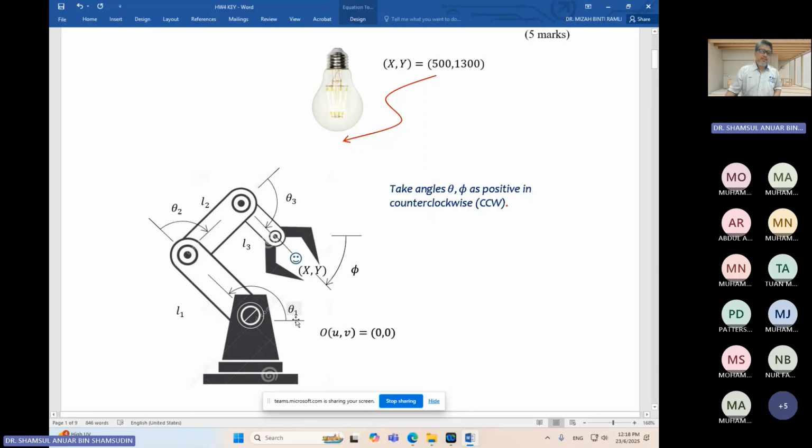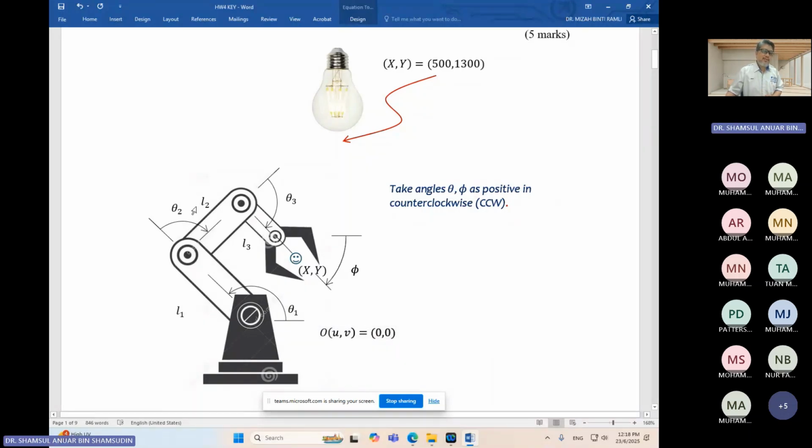Kecuali pada kita punya theta 1, sebab the ground is basically the frame. Even if the vehicle moves, the vehicle is going to be the frame. Tapi untuk theta 1, we can still measure from the ground or from the frame.